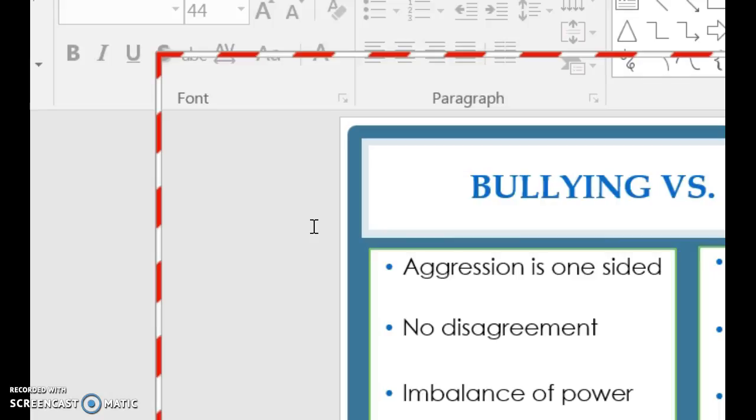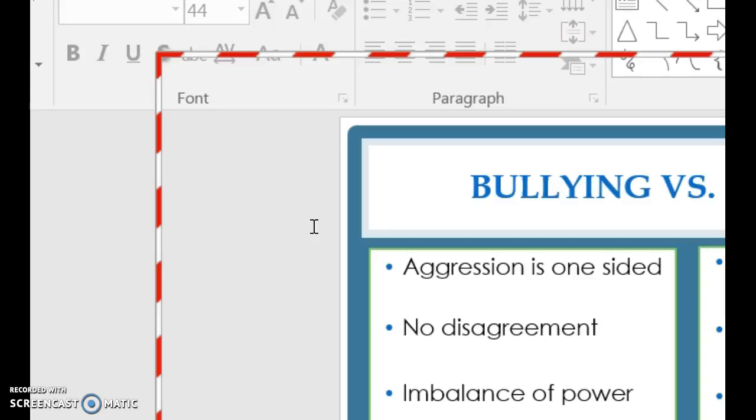So, bullying versus conflict. You can see on the left-hand side what falls under bullying, and the right-hand side what falls under conflict. Aggression is one-sided with bullying, whereas with conflict, both sides are aggressive. So when we see a fight break out or two girls arguing, that's not bullying, that's conflict.